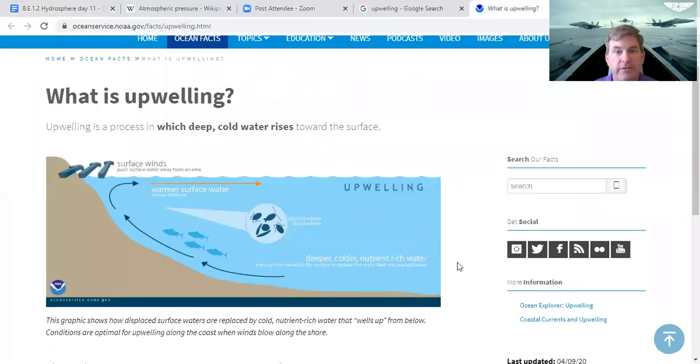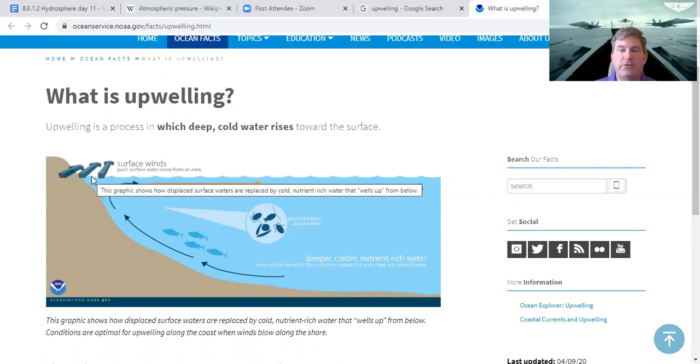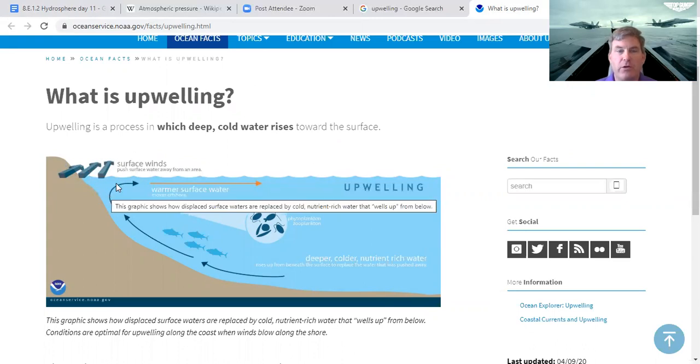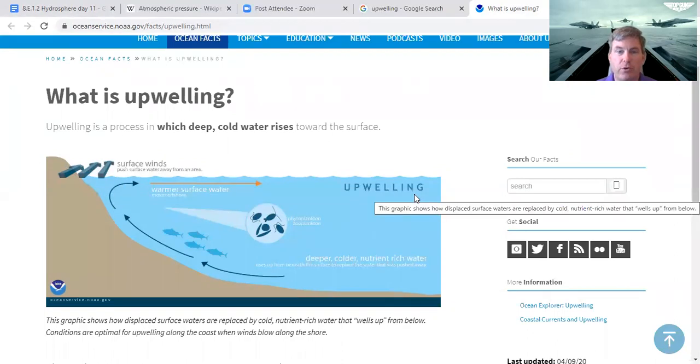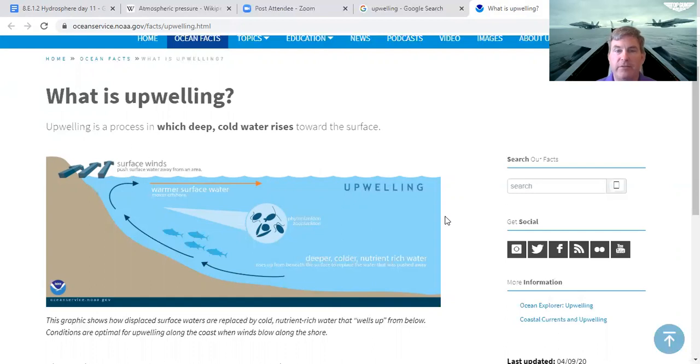So once again, upwellings are places where Ekman transport, E-K-M-A-N transport, takes wind energy that's parallel to the shoreline and causes water to move at a 90-degree angle to the wind, which in this case drags it straight off the shore, and then colder, deeper nutrient water from down below fills in the place where that upper water left.